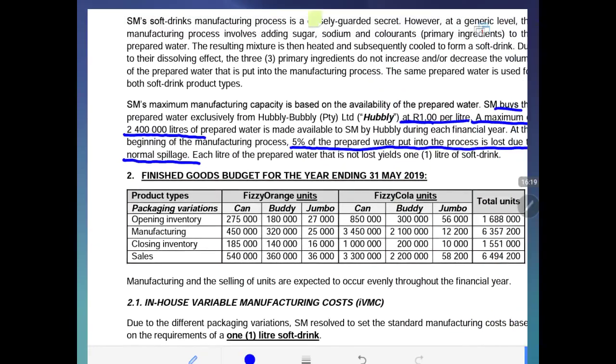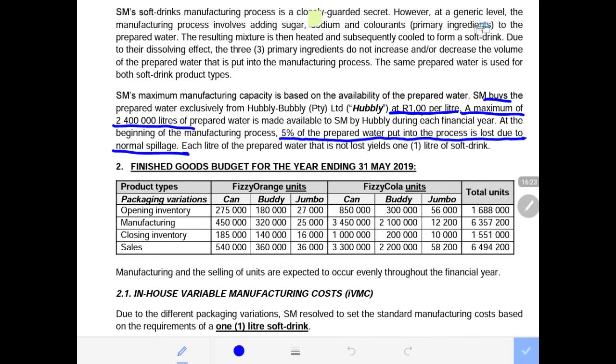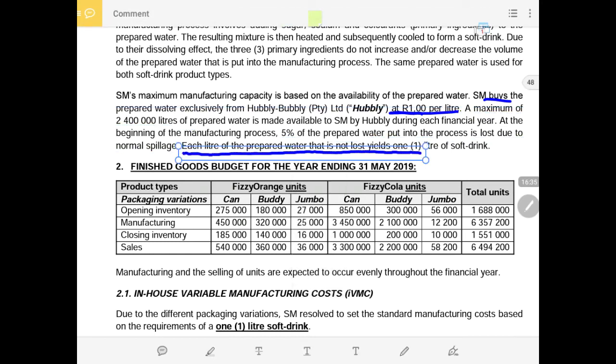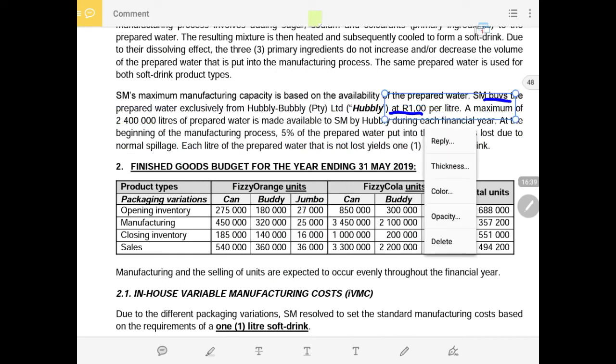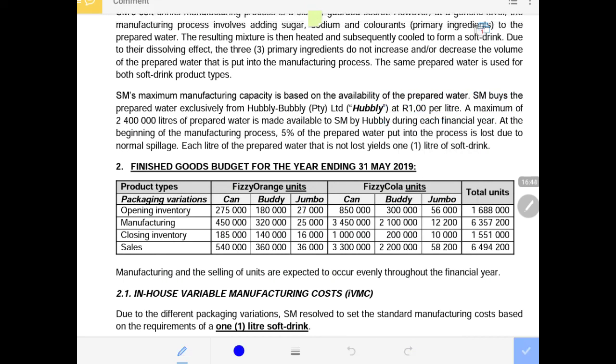Then we continue reading further. We are now told that each liter of prepared water that is not lost yields 1 liter of the soft drink. They normally say this sentence even if it's kgs, to say 1 kg of the raw material after the loss will yield 1 kg of the output. That is always the case.